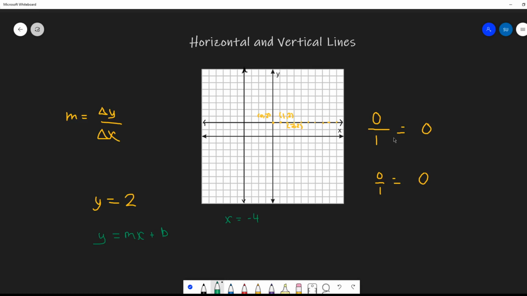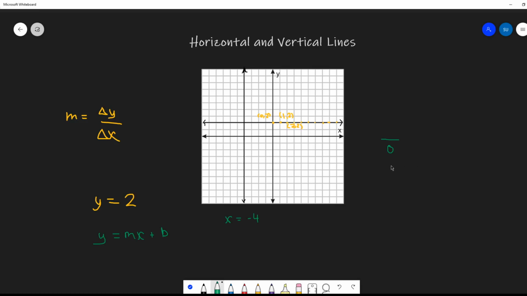So delta x in this case, let me erase this, would be 0 because the x is staying constant, and that goes in the denominator. So already you should be seeing an error here. You can't divide by 0, otherwise it would become undefined. Therefore, the slope of this line becomes undefined.